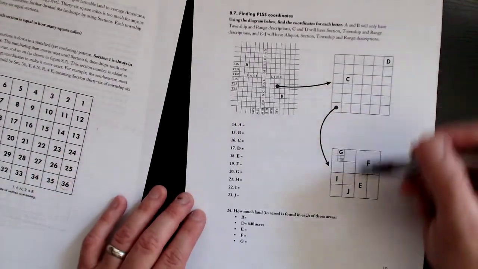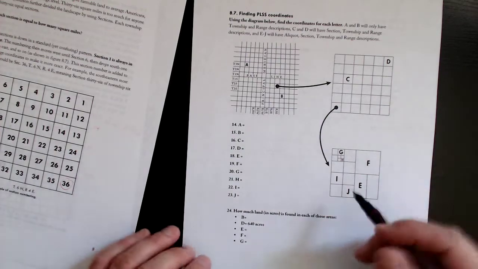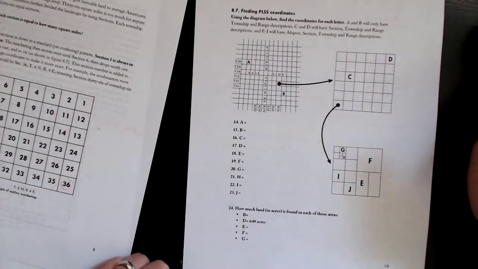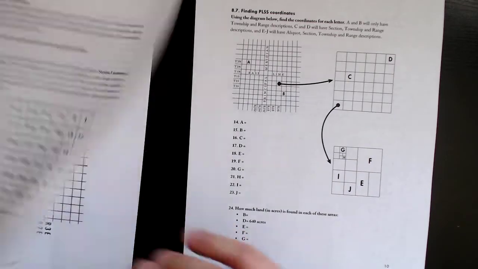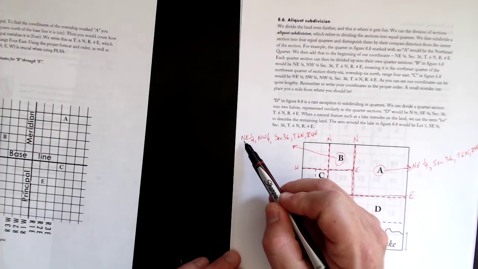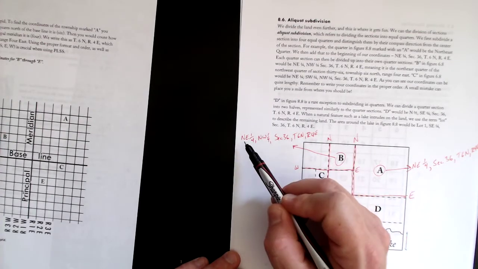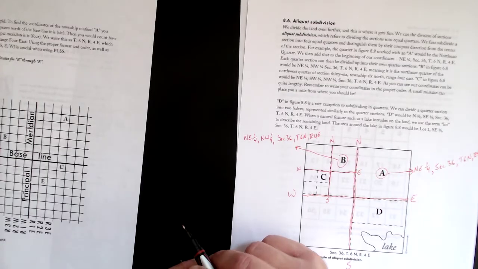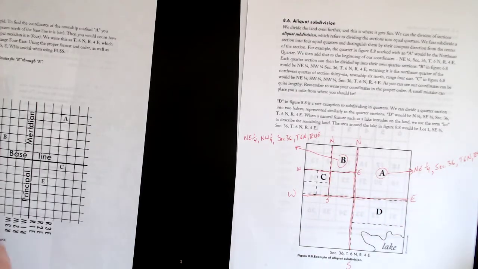Okay? So work through there and double check, and just keep in mind the order in which you write these is important. If I go back here, like this one here, if I swap northwest and northeast, so if I put the northwest quarter of the northeast quarter, that would actually be a totally different spot, right?